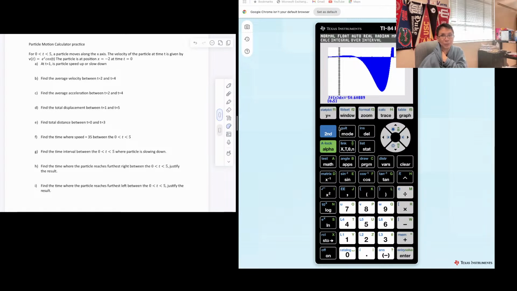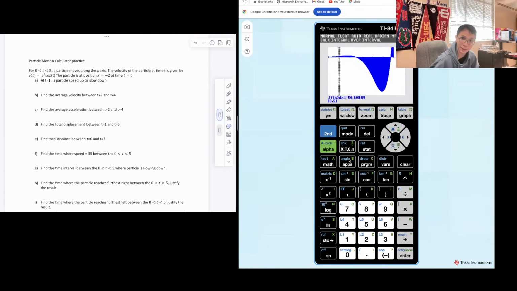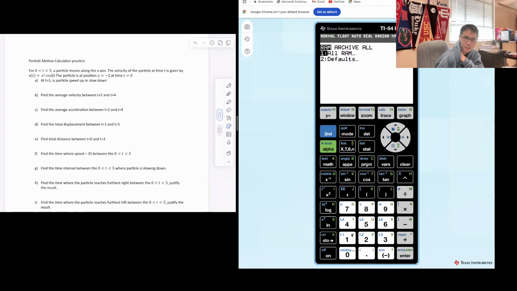So here I'm gonna start with second plus 712, because that's how I reset my calculator to the factory setting. If you have a TI-Inspire, there's a red button on the back of your calculator. You can use a pencil to stick through and it will reset the calculator. I don't know if they have one for the TI-84, but I know you can reset the calculator electronically by second plus 712.